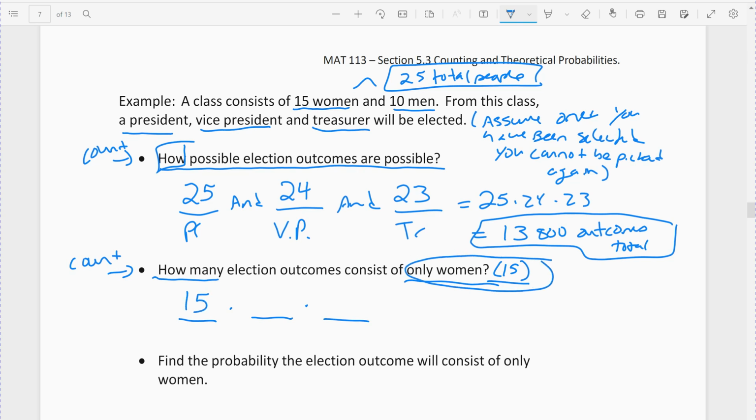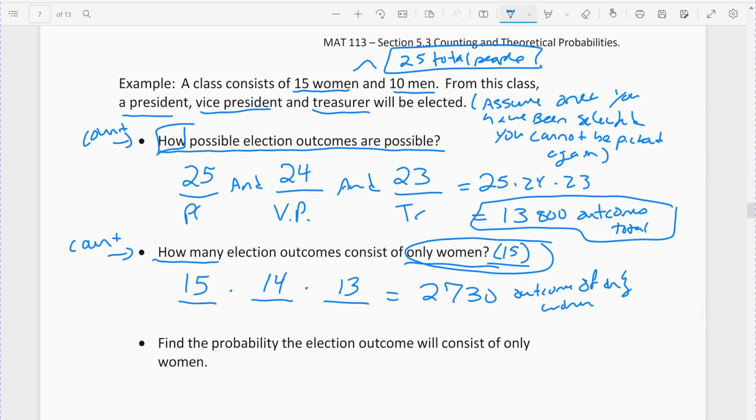Once we've chosen one, there'll only be 14 left for vice president, and only 13 left for treasurer. So it's 15 times 14 times 13, which is 2,730 outcomes of only women. So out of the 13,800, 2,730 of them are outcomes where only women won president, vice president, and secretary.